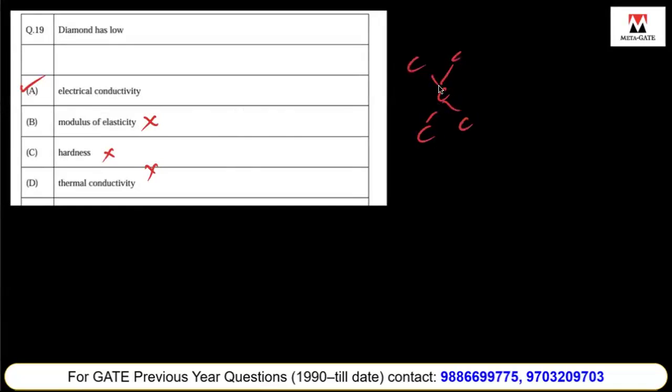These carbon atoms are strongly bonded in such a way that they form a strong covalent bond, due to which diamond has higher thermal conductivity than any natural material, which is due to the strong covalent bonding and the lattice structure. So, as there are no free electrons for conduction, diamonds are excellent electrical insulators.